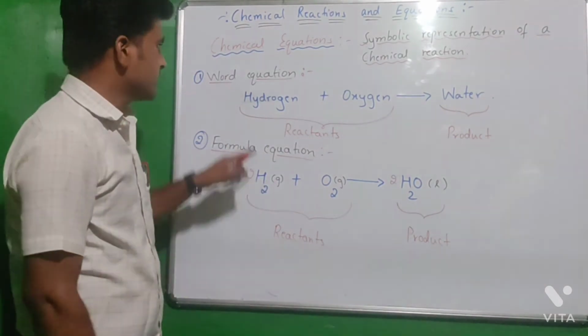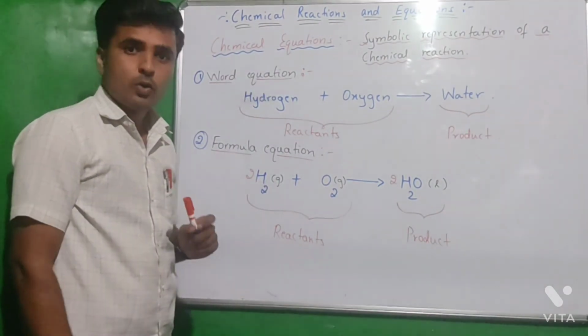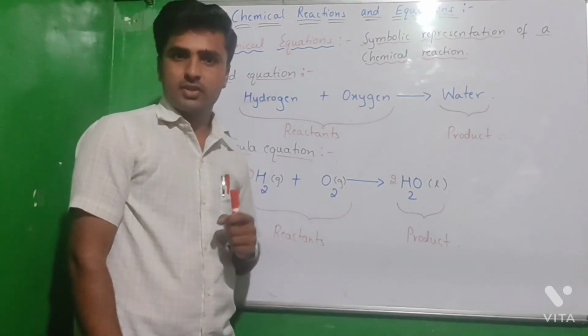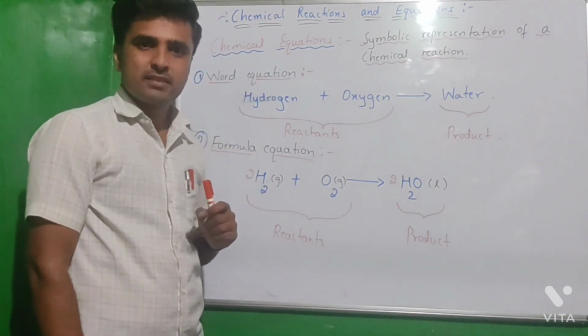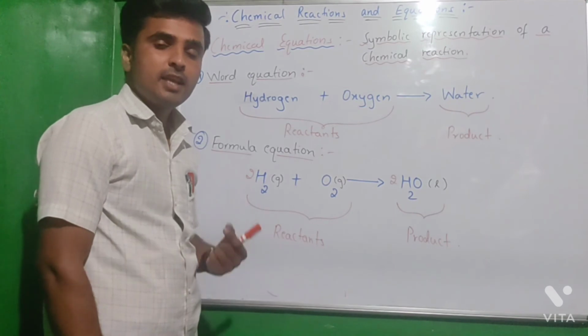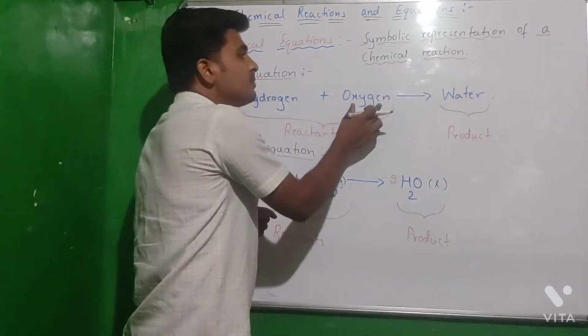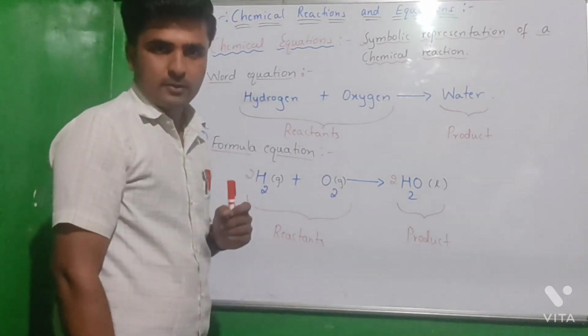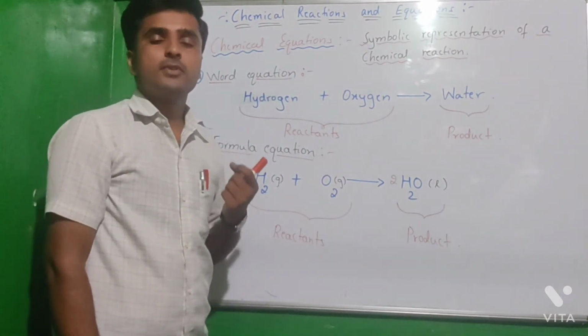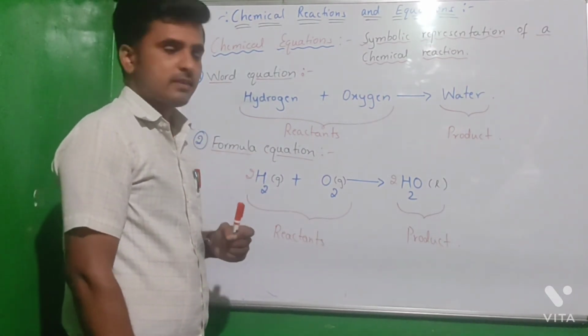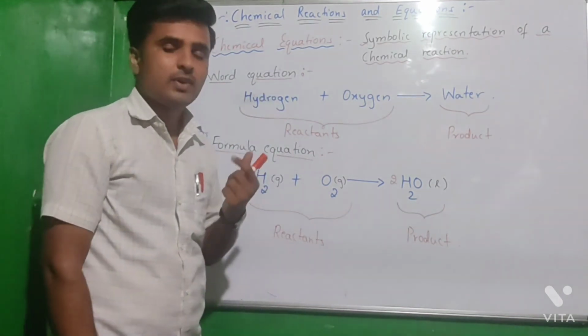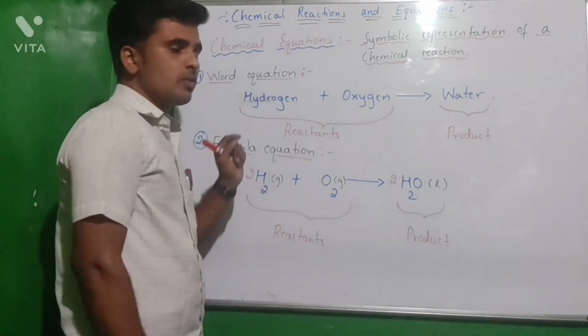The first one is the word equation. What is the word equation? It means representing the chemical reaction by using names of the substances. For example, the formation of water.